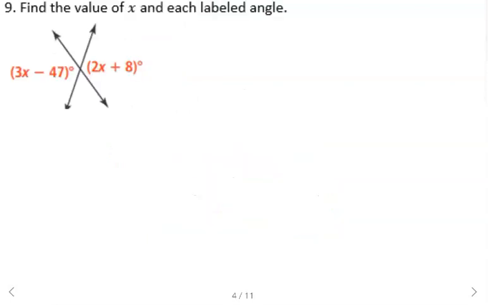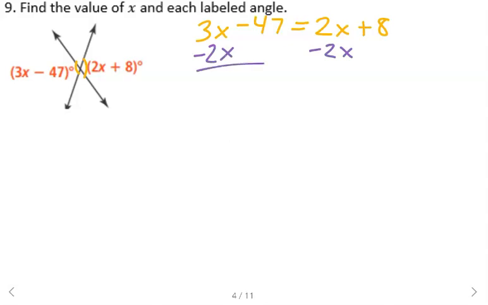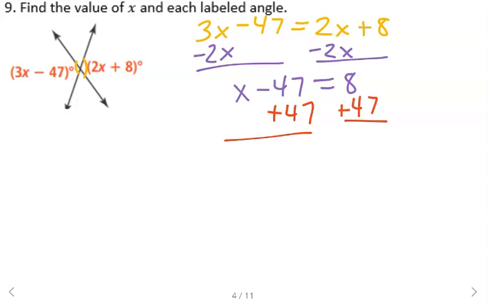Number 9, we've got vertical angles. Vertical angles are always congruent, so we can set them equal to each other. Get the variables on one side, constants on the other side. I'll add 47 to each side, and we get 55.